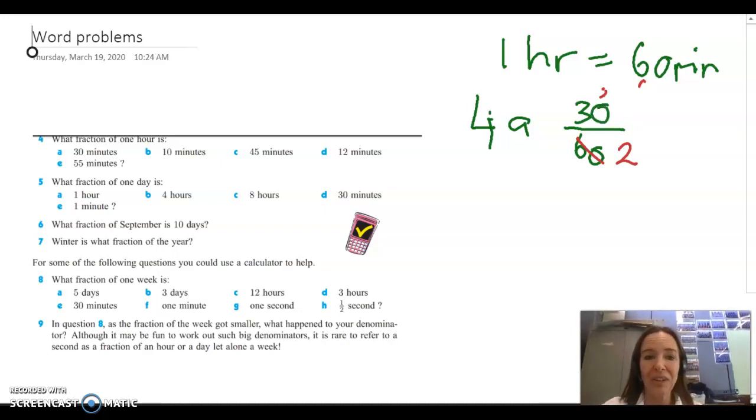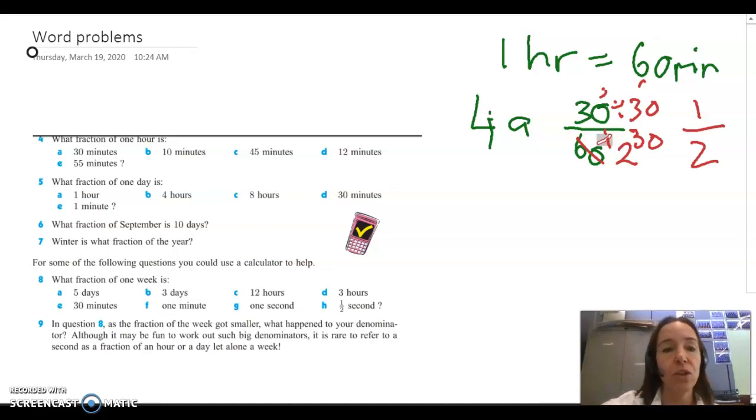I'm dividing by 30 and I'm getting 1, and I'm dividing by the same number and I'm getting 2. So 30 over 60 is 1 over 2.